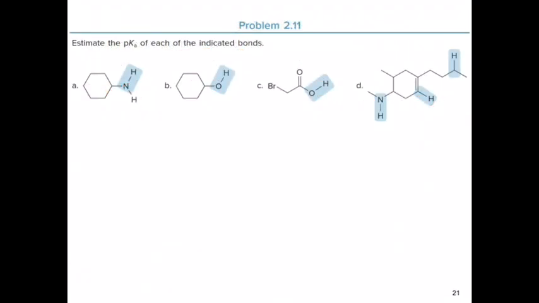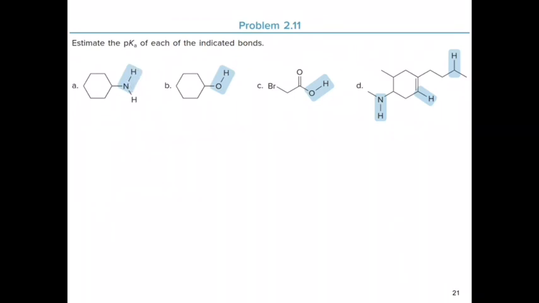And here's practice problem number 11. Estimate the pKa values of each of the indicated bonds. So to estimate the pKa of these bonds, you would have to look at the table earlier and see if there are any bonds that are similar to these bonds highlighted here. And so when you look at the first one, we have a nitrogen to hydrogen bond.